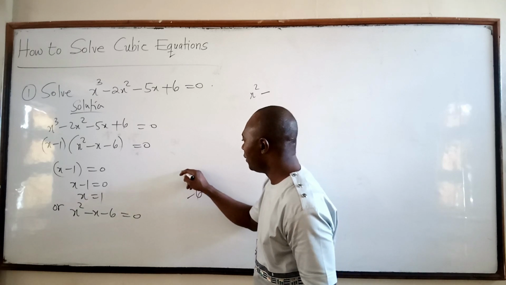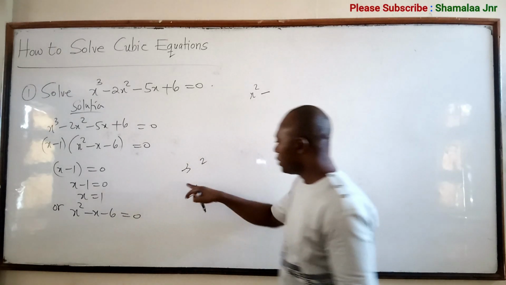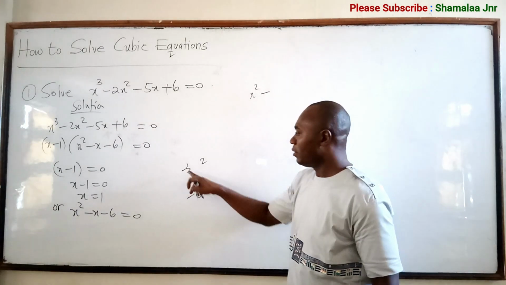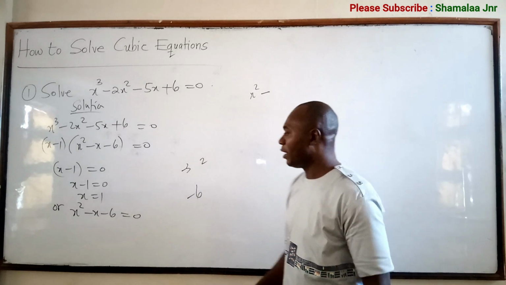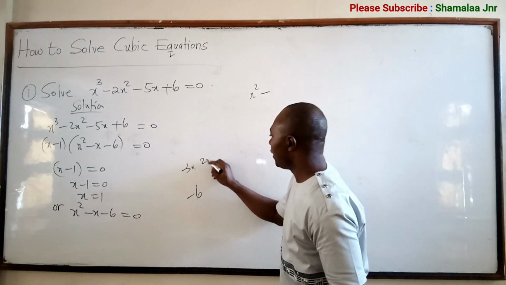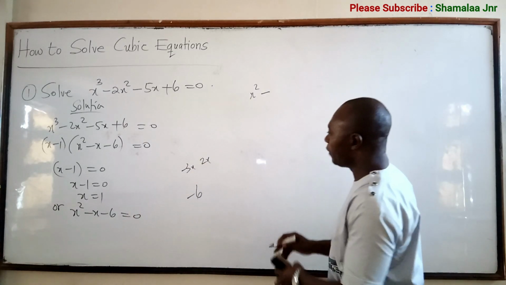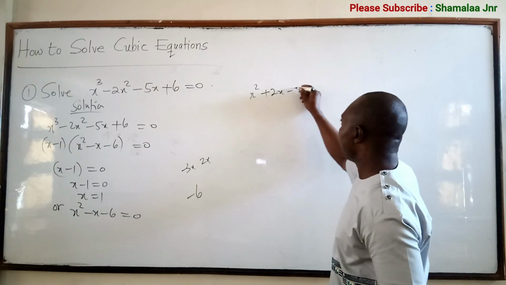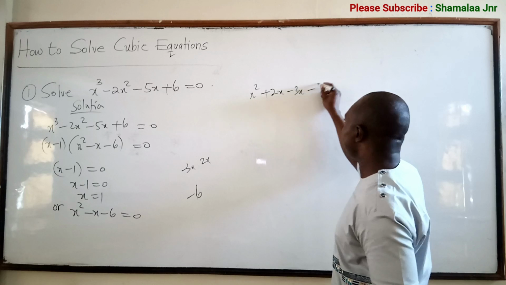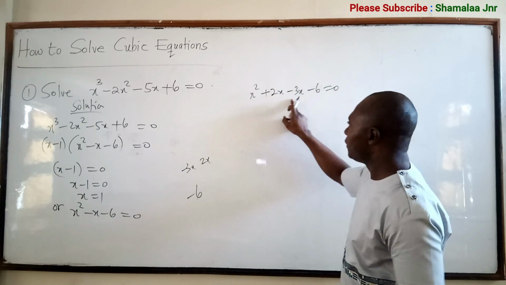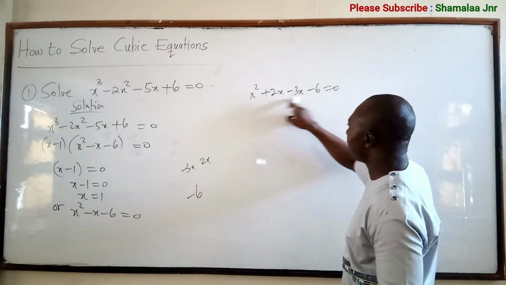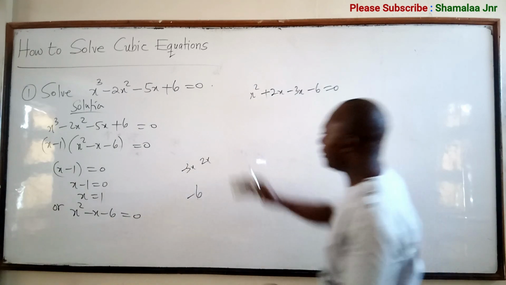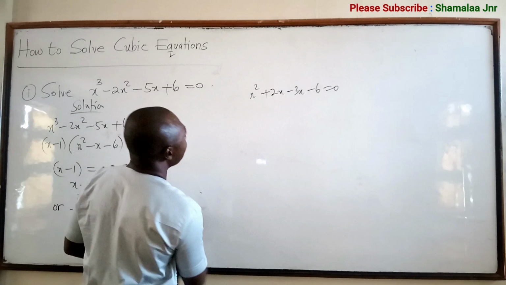So you can have negative 3, 2. You see, negative 3 times 2, when you multiply, will give you negative 6, but when you add, you are going to get negative 1. So we attach signs to this, signs to this. So you are going to have x squared plus 2x minus 3x minus 6 is equal to 0. So if you check it, 2x minus 3x will give us the middle one. And it's true. Okay. So we have it easy.